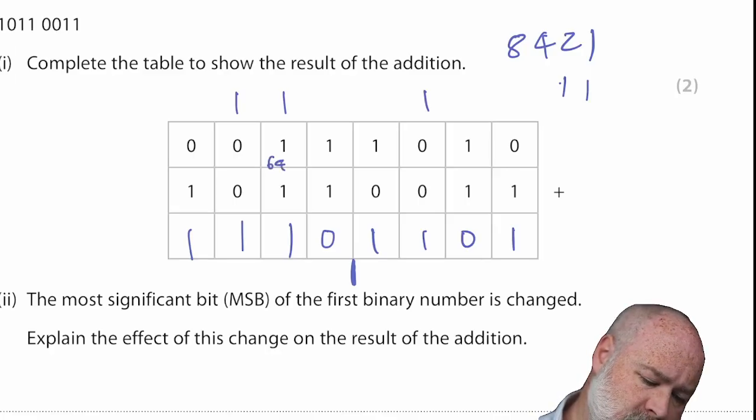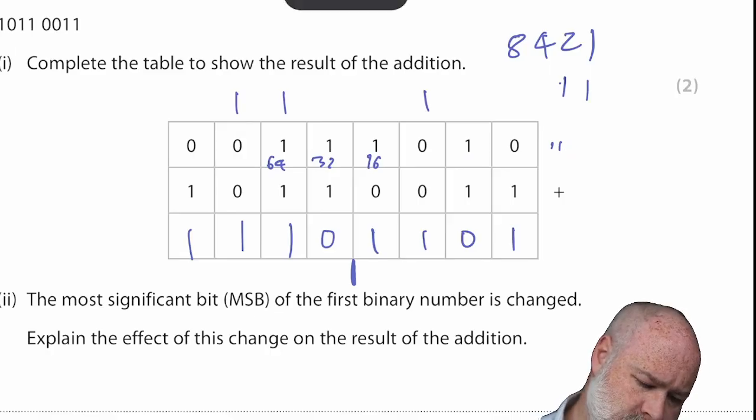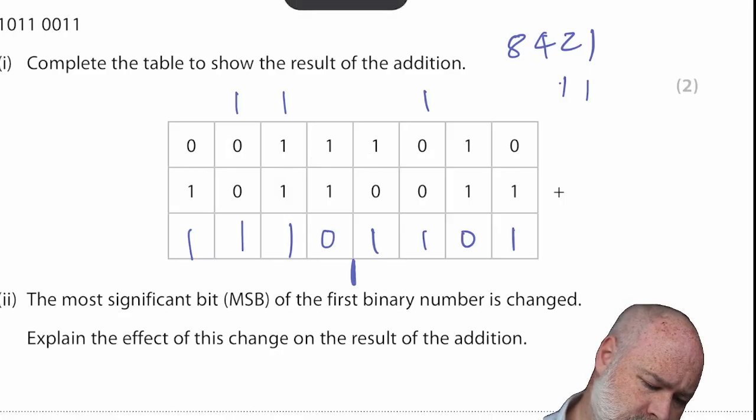That's 64 plus 32, 96, plus 16 is 112, and then plus 2, 114. No, I've done that wrong, haven't I? Sorry.